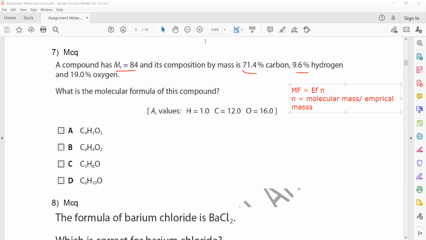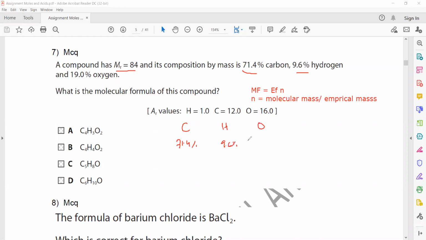So first we will find the empirical formula from the percentages. The carbon, that is 71.4%, hydrogen 9.6%, and oxygen is there, which is 19%. The first step, we'll divide by atomic mass. So this carbon atomic mass is 12, hydrogen is 1, and oxygen is 16.